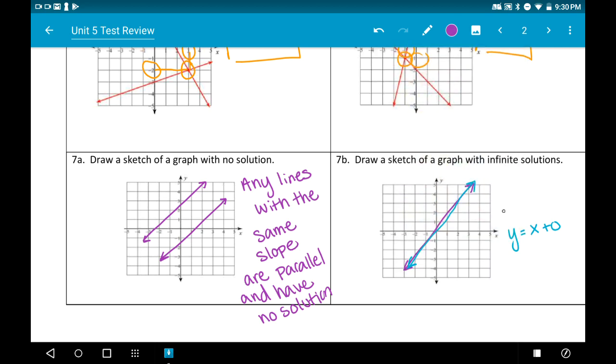Well, the purple line is also y equals x plus 0. So notice these have the same slope, but they also have the same intercept because they're the exact same lines. So anytime they're the exact same line, they have infinite solutions. So I'll just write exact same lines have infinite solutions.